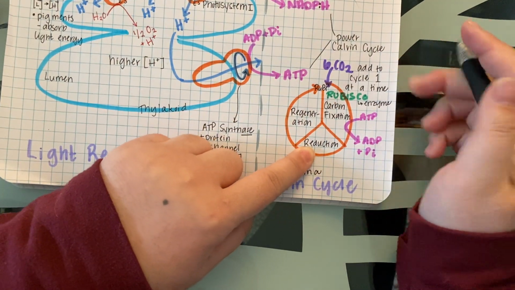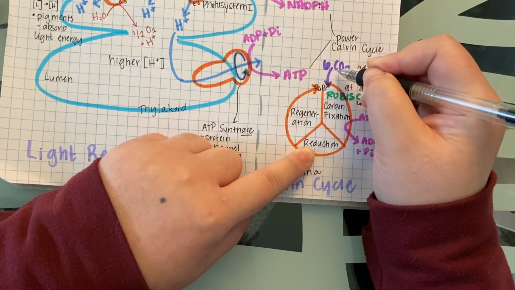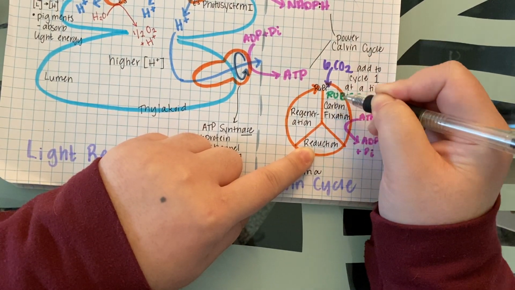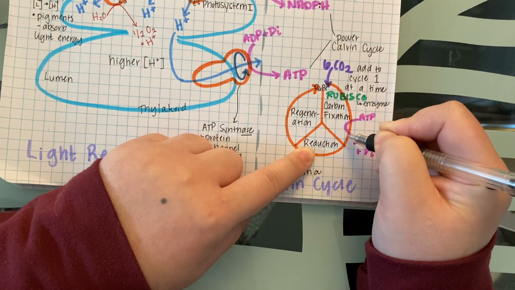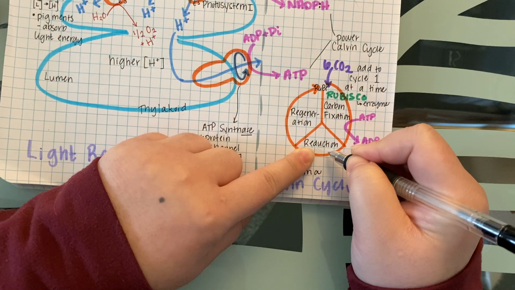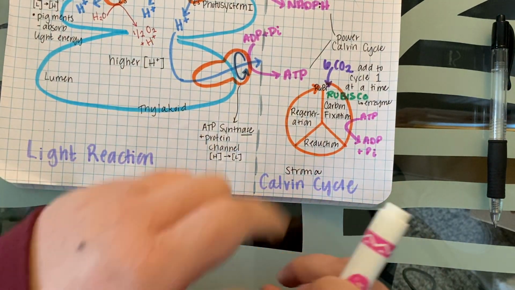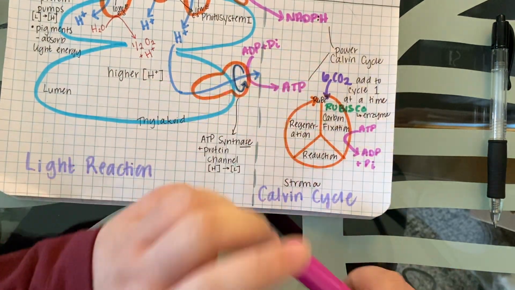Next, we're going to reduce this molecule that was created. We took RuBP, we bound it with CO2, so we carbon fixed it, and we had energy added to run that chemical reaction. Now we're going to add electrons to that molecule, and those high energy electrons are going to come from our NADPH, which is shuttling those electrons.